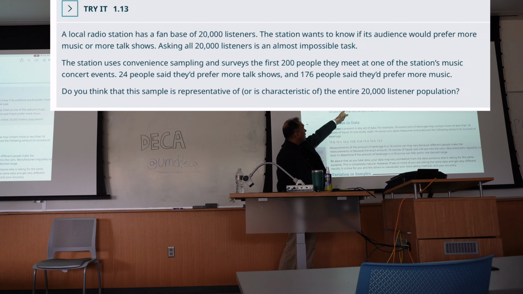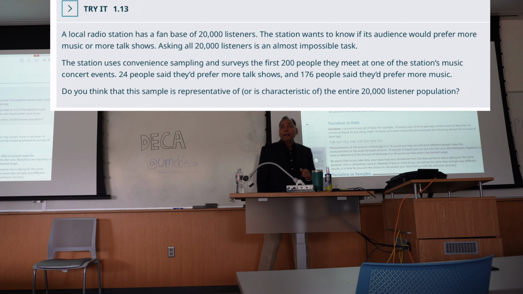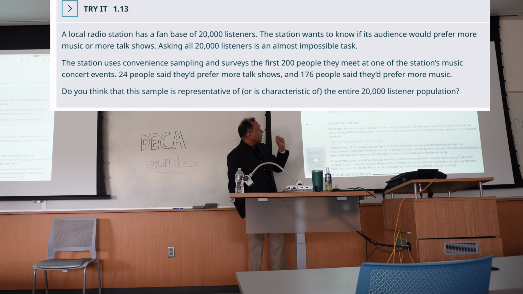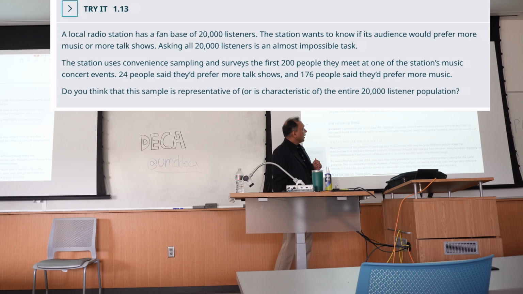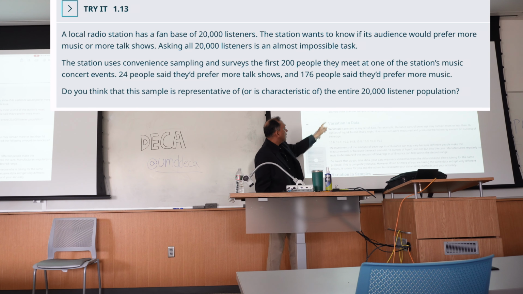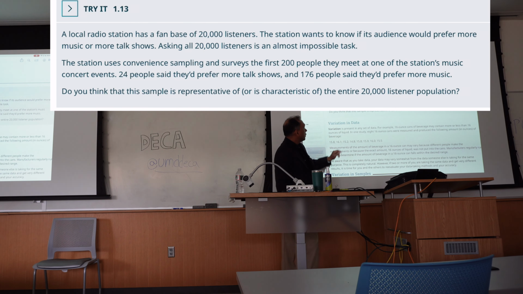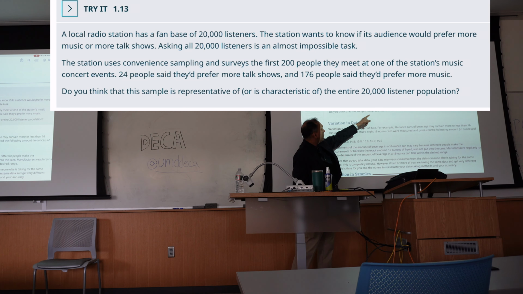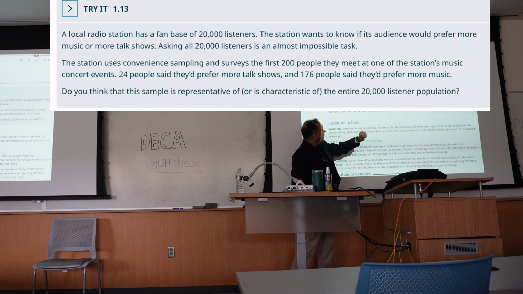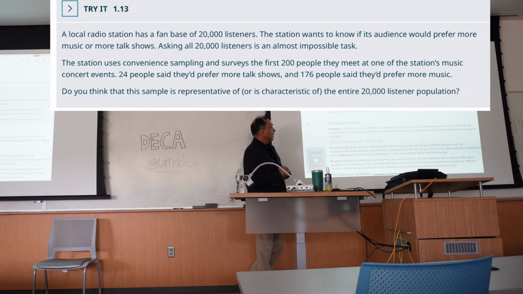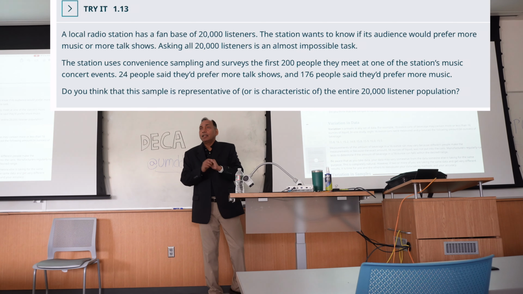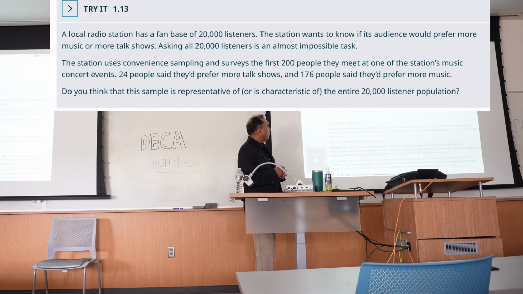The station uses convenience sampling and surveys the first 200 people they meet at one of the station's music concert events. So they have organized a music concert and they ask 200 people. 24 out of that prefer more talk shows and 176 mention that they like more of music.